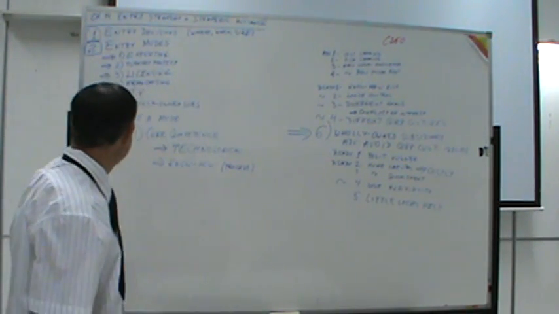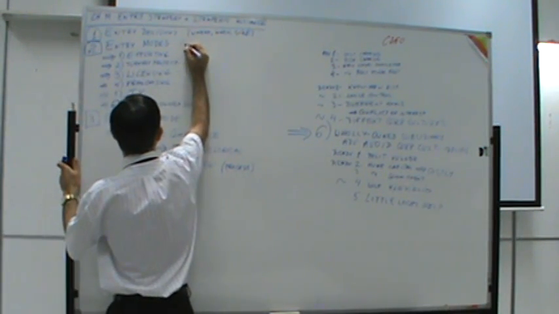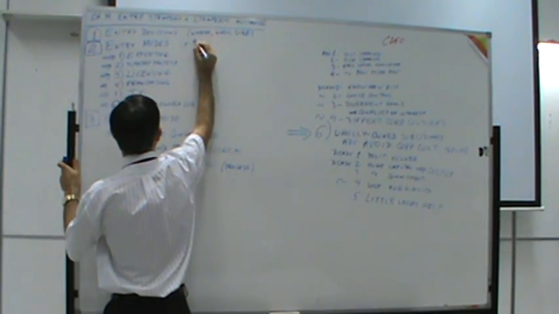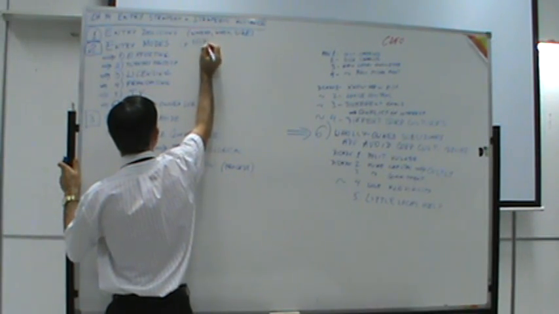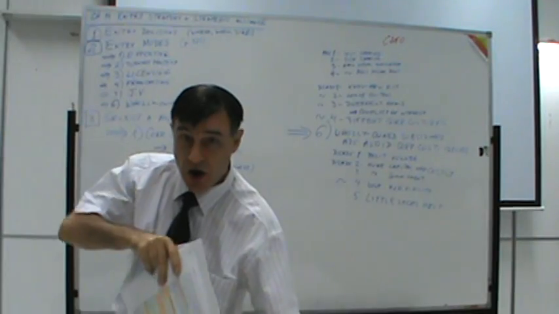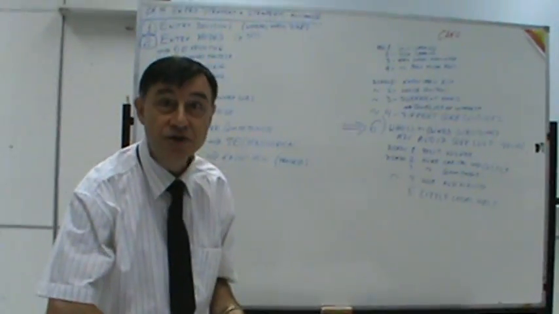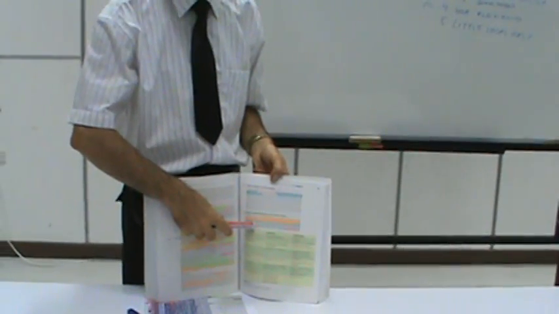Now for your reference, on page 525, over here, camera, right? You can zoom in and hold for about 15-20 seconds. You have a short summary telling you each entry mode 1, 2, 3, 4, 5, major advantages, major disadvantages.